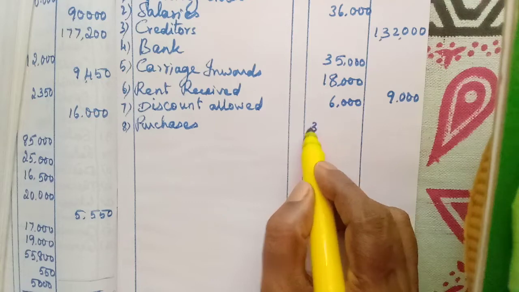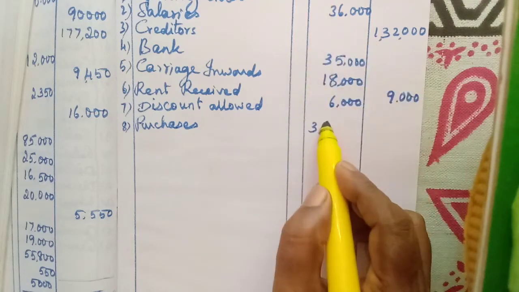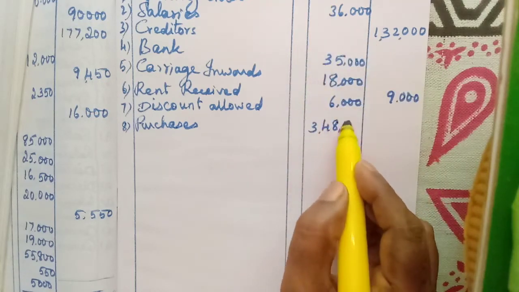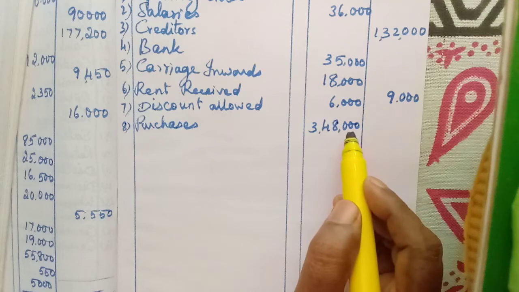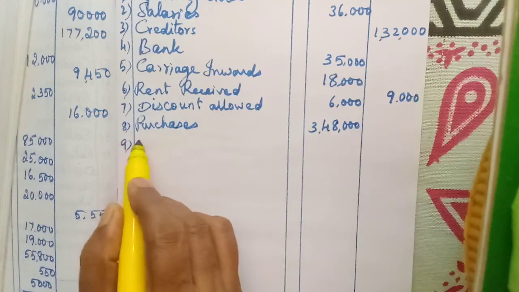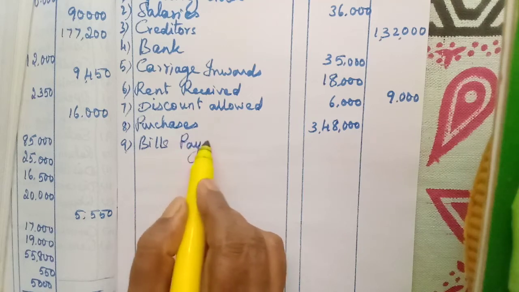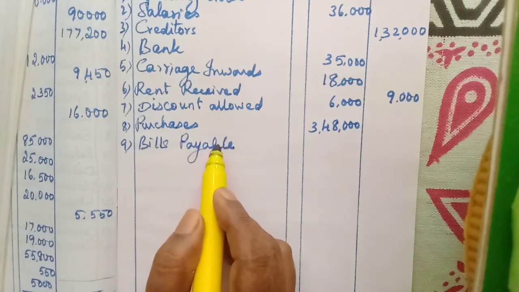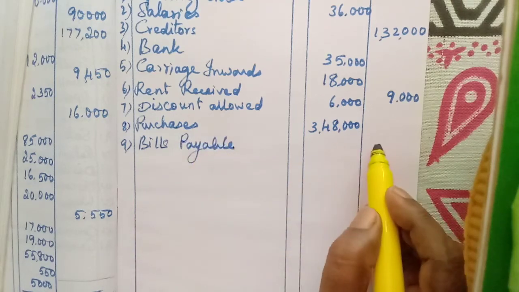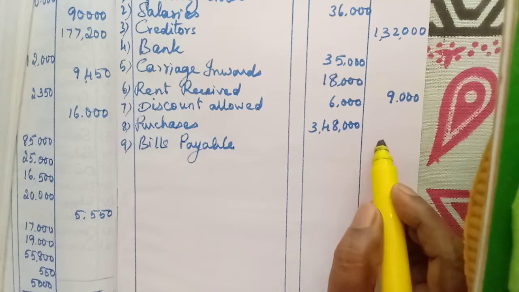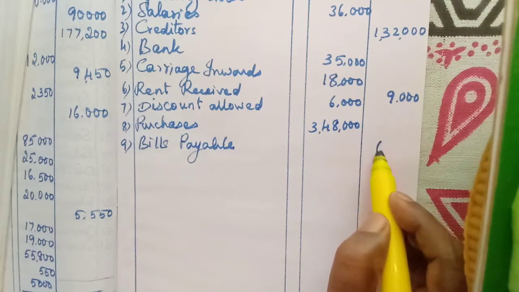So 3 lakh just below 1 lakh. Okay, then 48,000. Bills payable. Bills payable credit. Okay, 60,000.